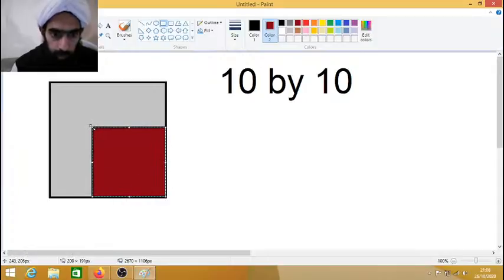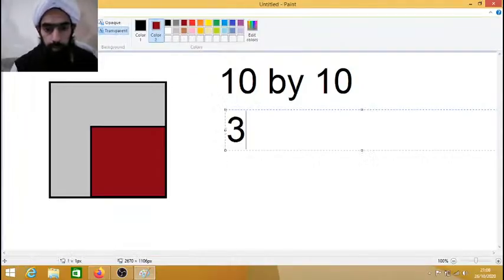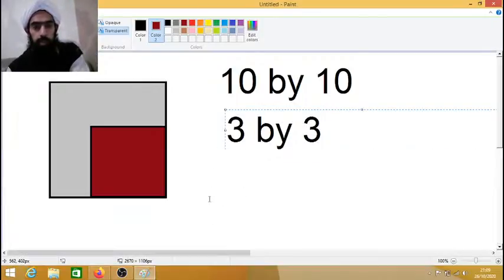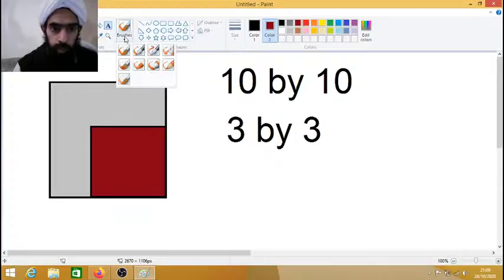If I took some scissors and I cut out the 3 by 3 square, what would the area of the remaining bit of the large square be?